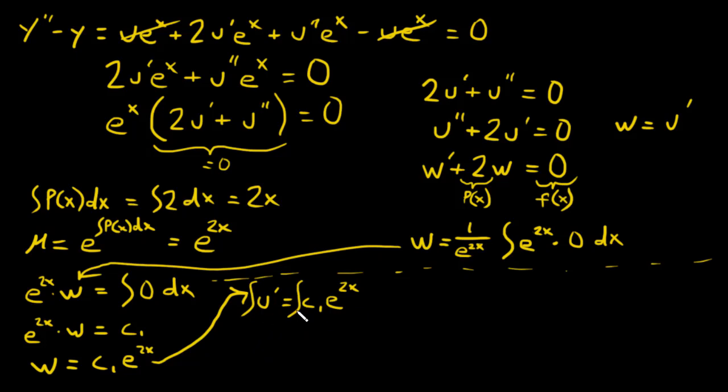I'm going to wind up with the integral of u' is u, and it's going to equal a constant times e to the 2x. What is that going to give me?